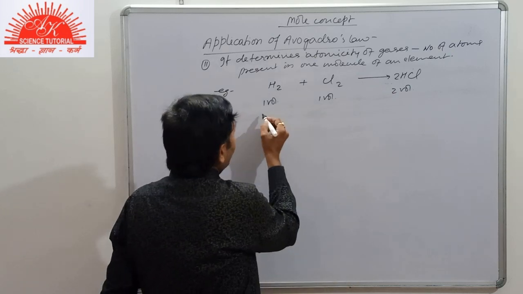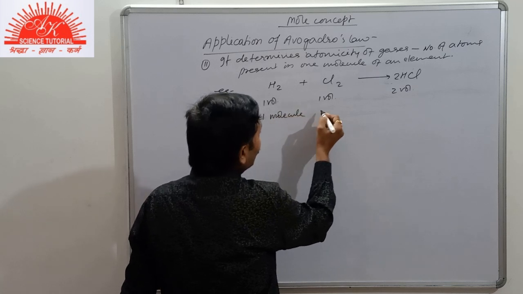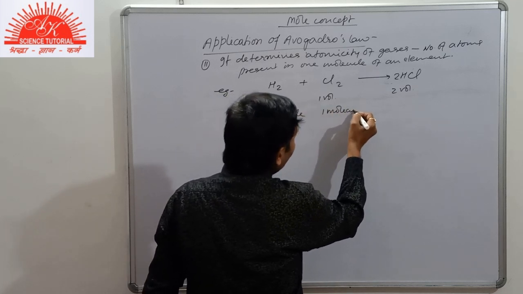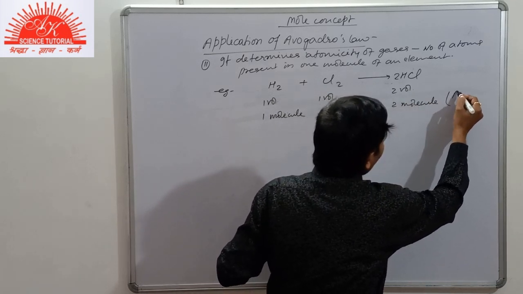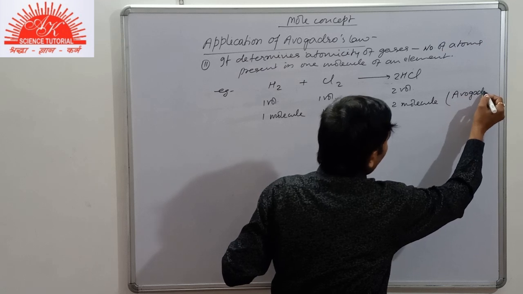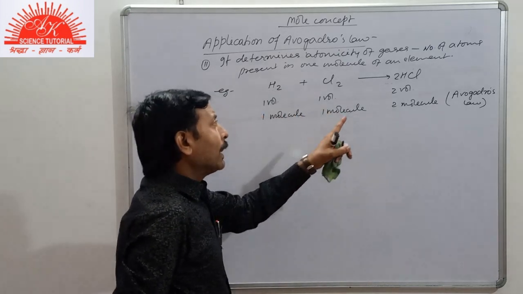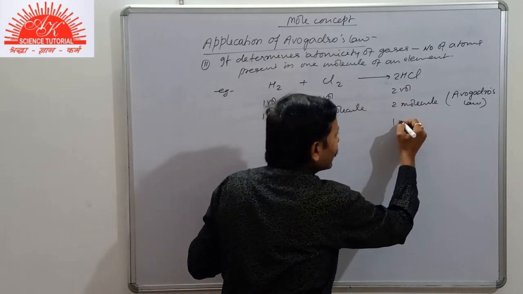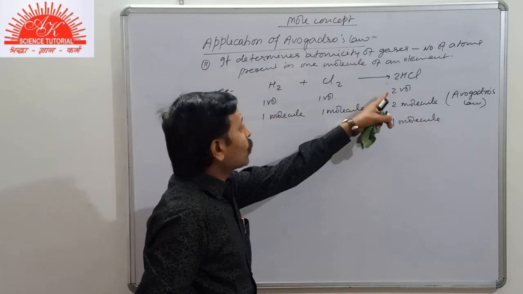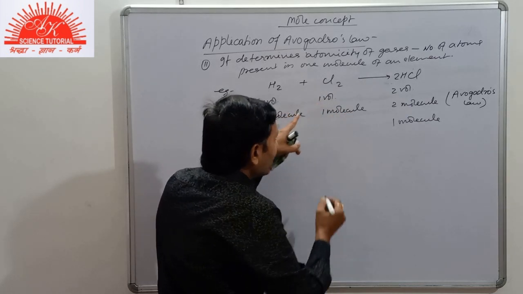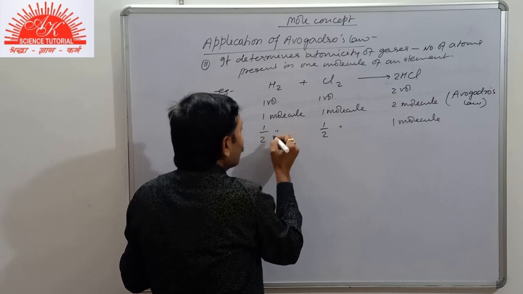According to Avogadro's law, if here there is one molecule, then it will also be one molecule, and then it will be two molecules. Now, if we take one molecule of HCl as a product, then two molecules correspond to one molecule of it. So, one molecule will be for 1/2 molecule, and it is again 1/2 molecule.